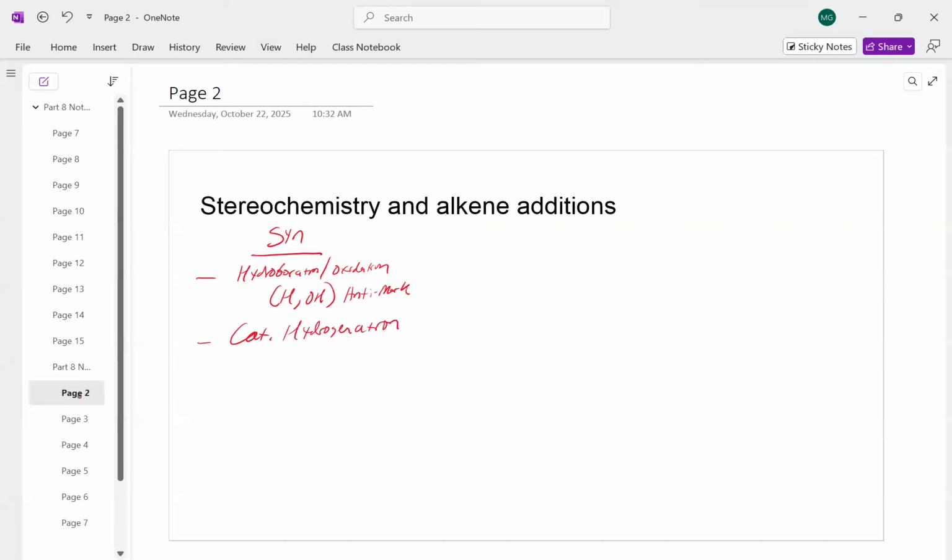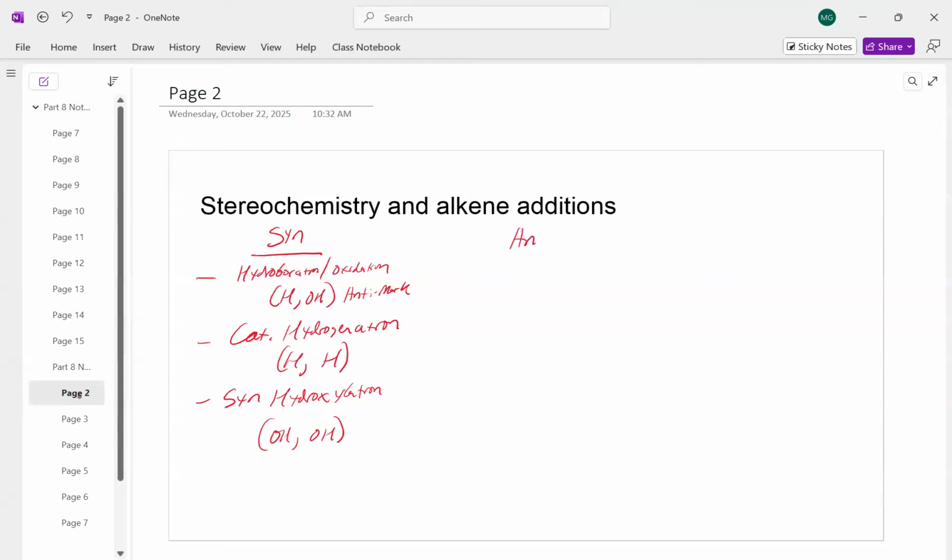That was a syn addition, so addition of a hydrogen to one side, hydrogen to the other. And then we looked at syn hydroxylation, so adding an OH group to both sides of the double bond. We got that by using osmium tetraoxide.